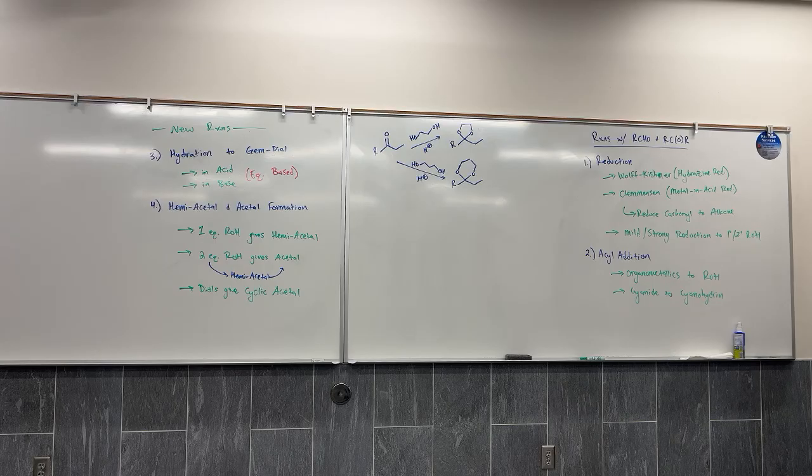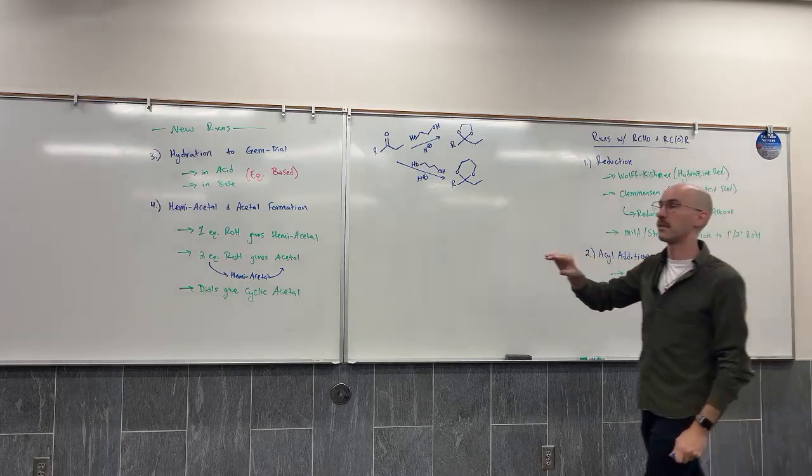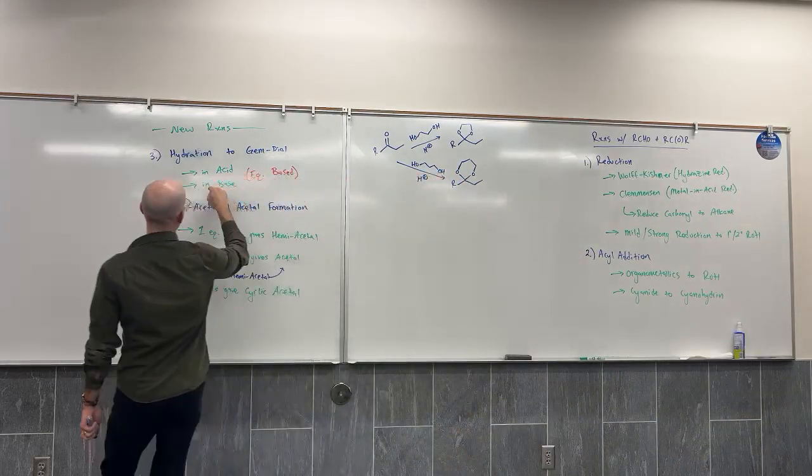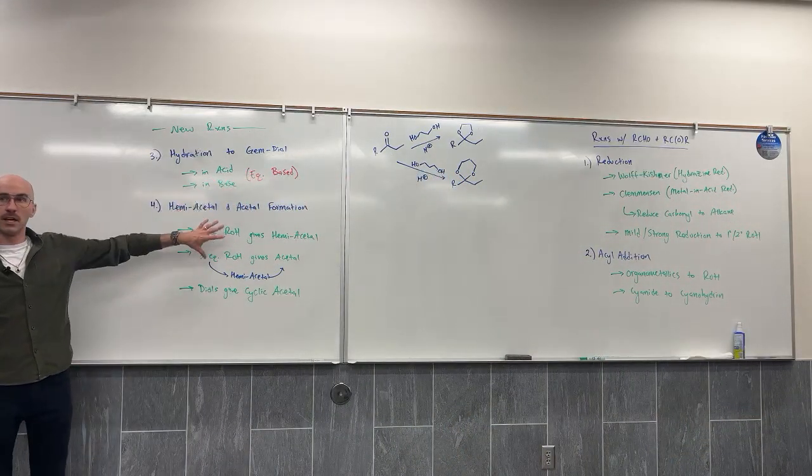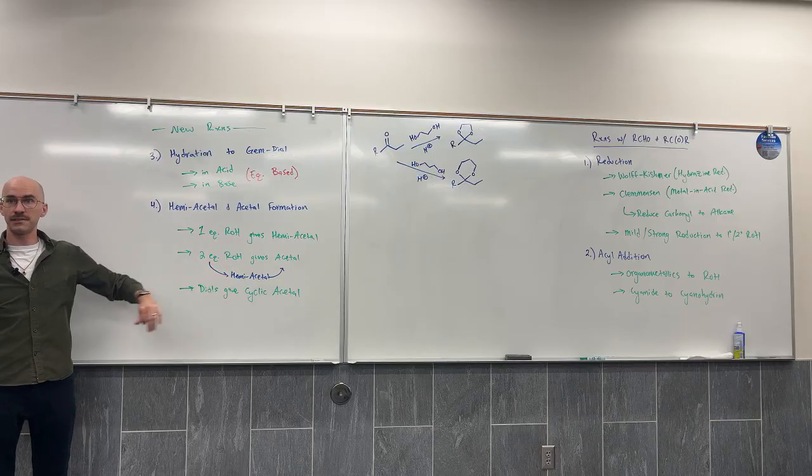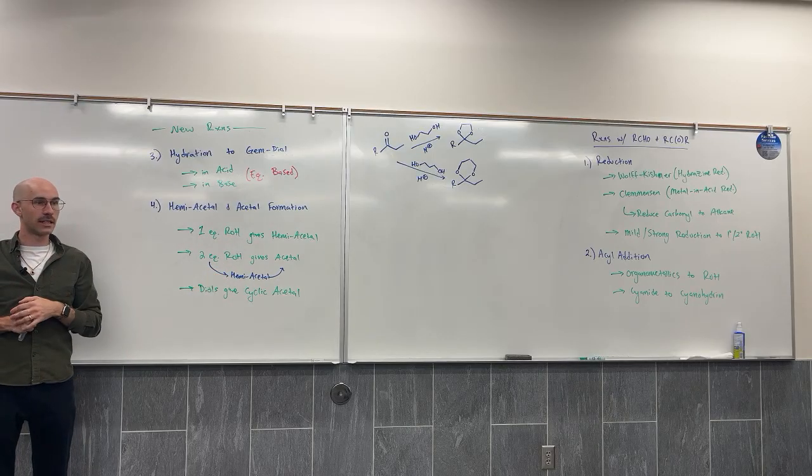Those ring sizes can vary, which is why I wanted to give you a more generic version on the table. I wanted you to have something that was easily applied. Hydration of a carbonyl can happen in acid or base, but the formation of our acetals is only done in acid.